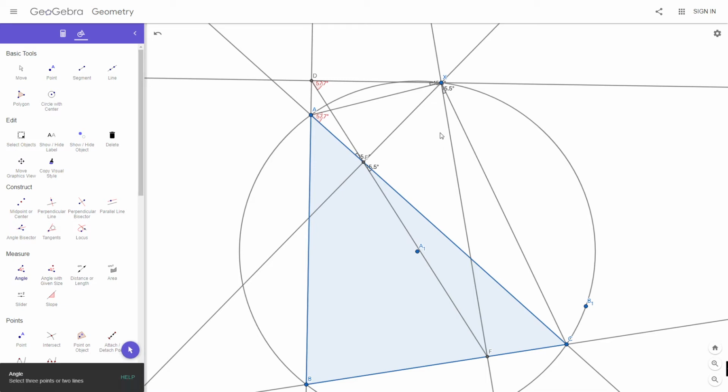Furthermore, we have angle X, wait, hang on.